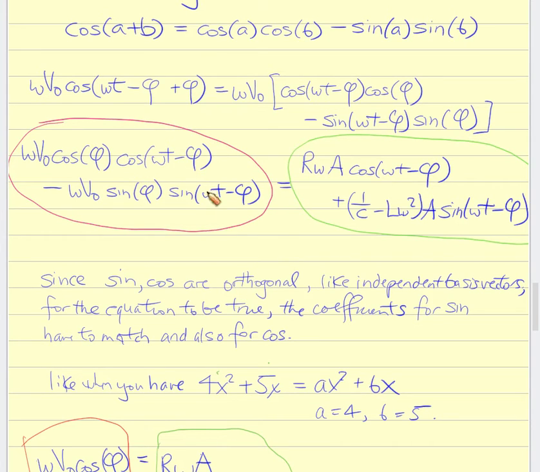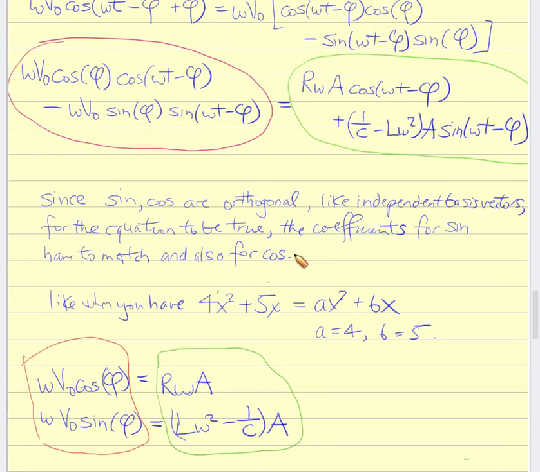And for the equation to be equal, we can now set up two equations that set the coefficients equal to each other. So we're going to say the coefficient in front of the cosines are equal, and the coefficients in front of the sines are also equal.